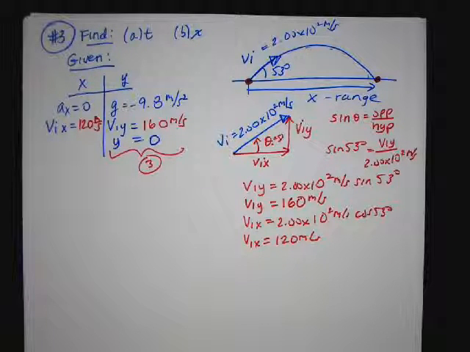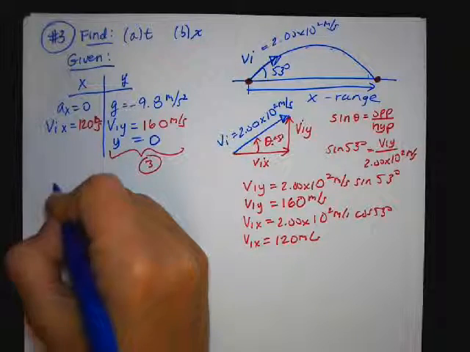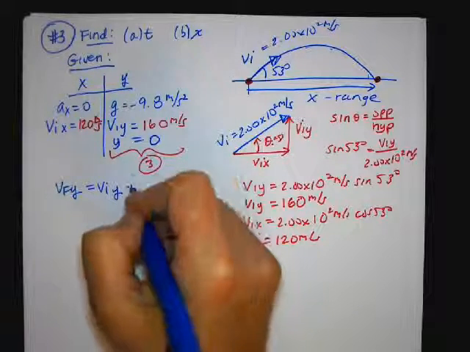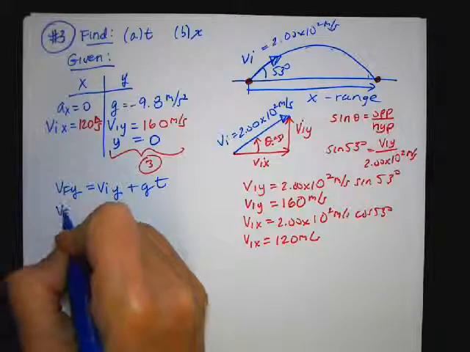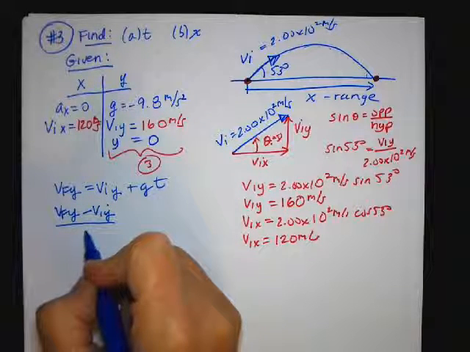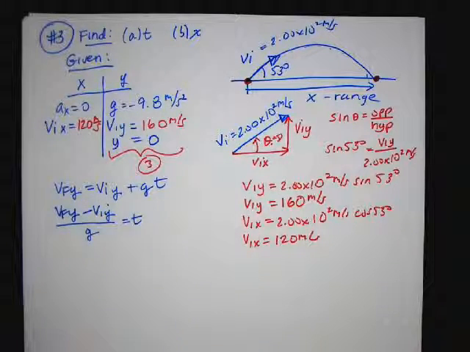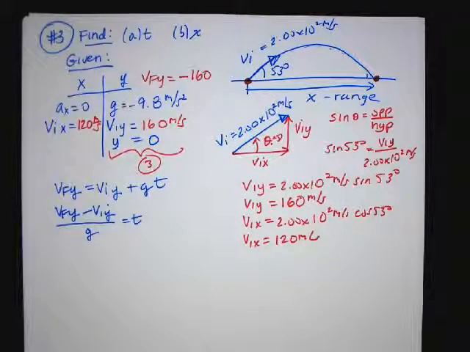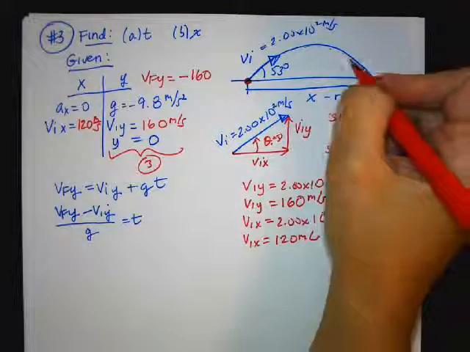So either way you do it, you're going to solve for the time. So we could use the equation VFY is equal to VIY plus GT. So VFY minus VIY over G is equal to T. I didn't write VFY in my given, but I can write that VFY is equal to negative 160. Remember, it's equal in magnitude because VF is here, but VFY is going to point down.